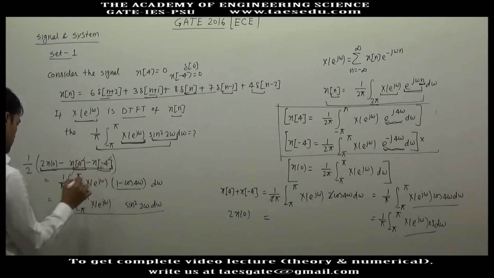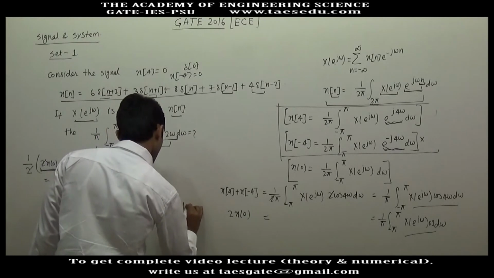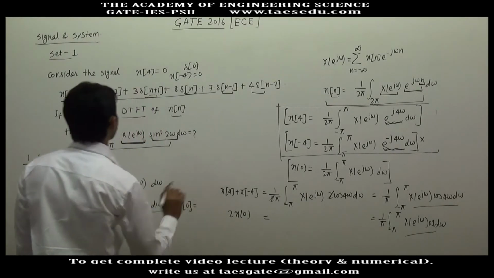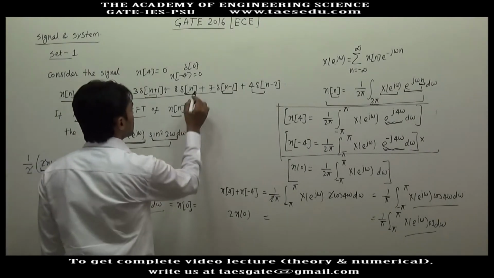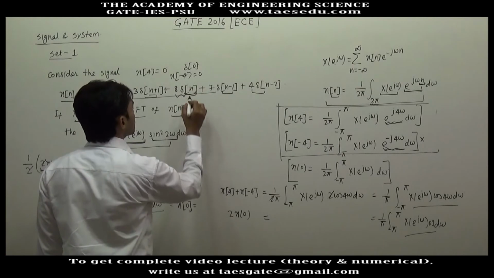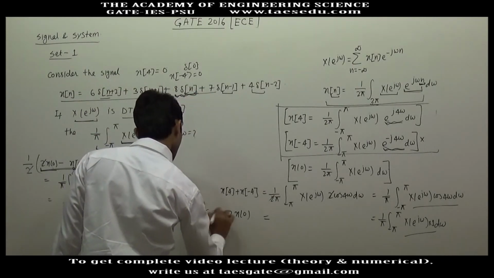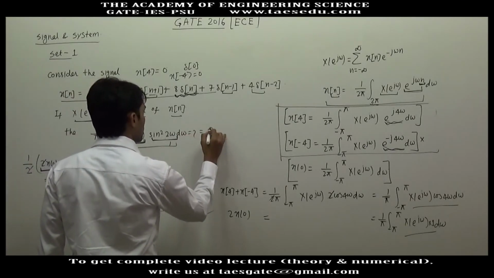So this is 0, this is 0, and 2 and 2 will be cancelled. So the value will be x0. If you put n equal to 0, this term will give you a non-zero value, and this value will be 8. So the value of this integration is equal to 8.